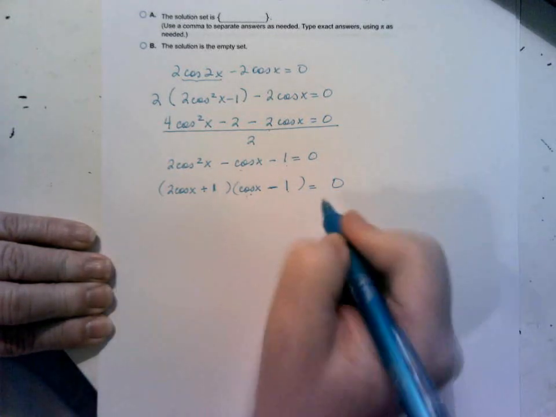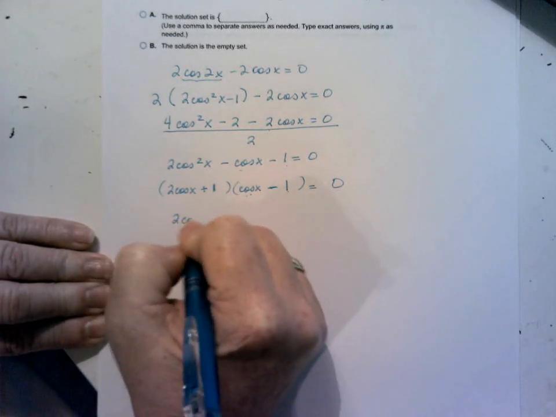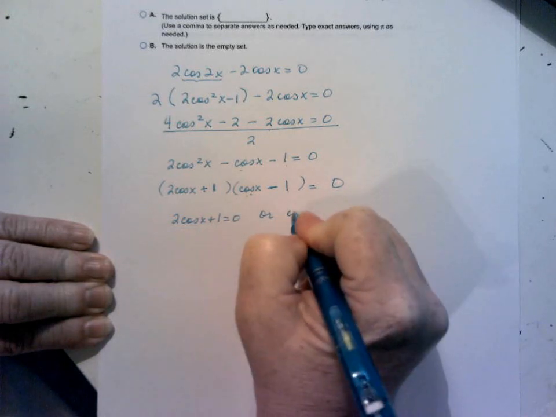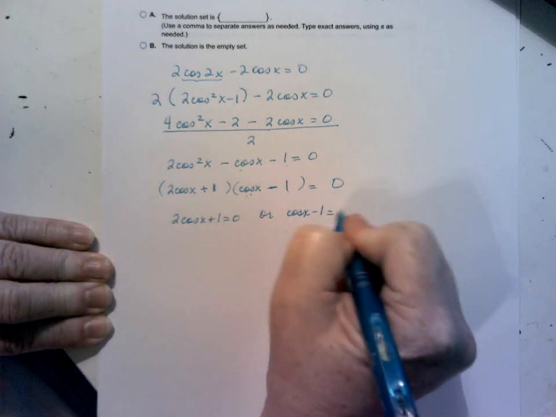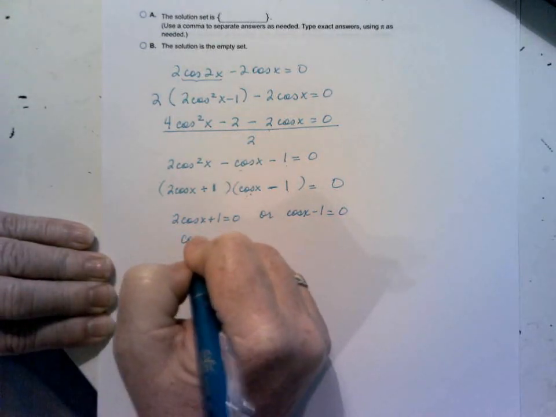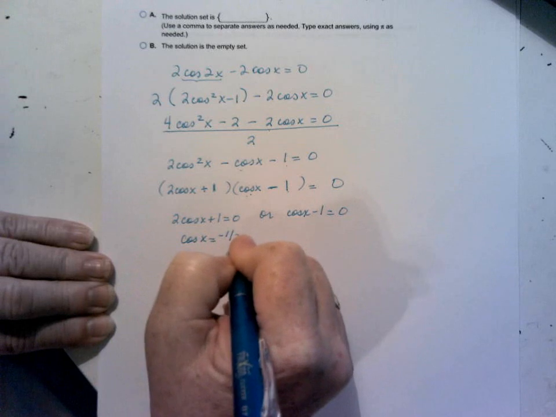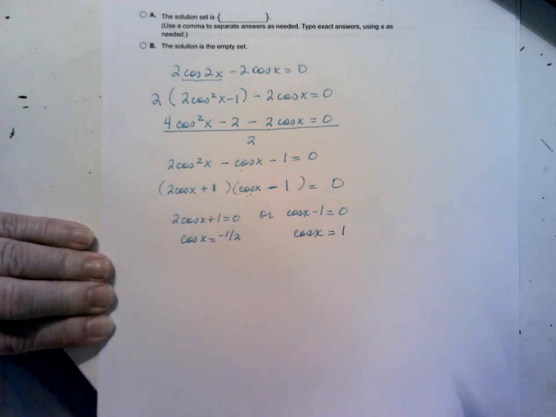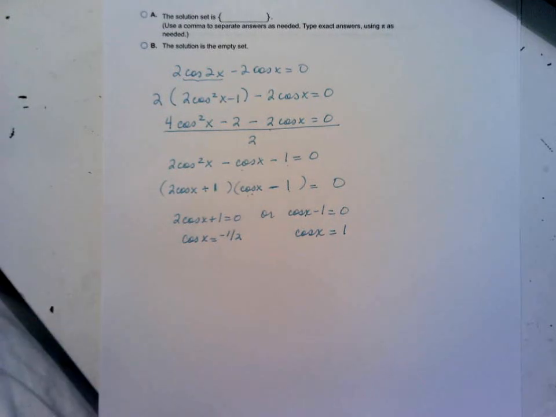Now, set each factor equal to 0, and we'll get 2 cosine x plus 1 equals 0, or cosine x minus 1 equals 0. So this would give us cosine x equals negative 1/2, or cosine x equals 1. And since they asked us for exact answers using pi as needed, I'm thinking these would be on the unit circle.